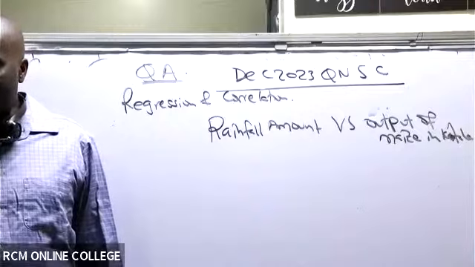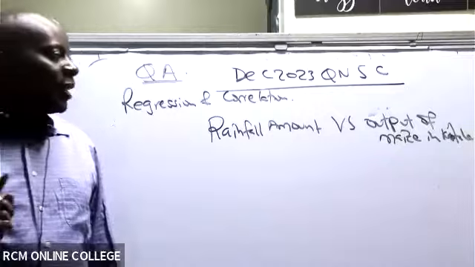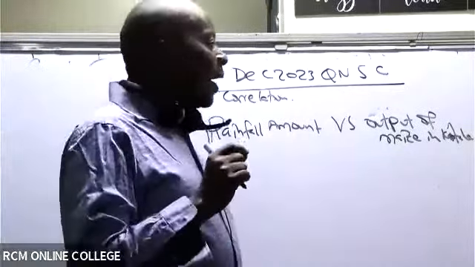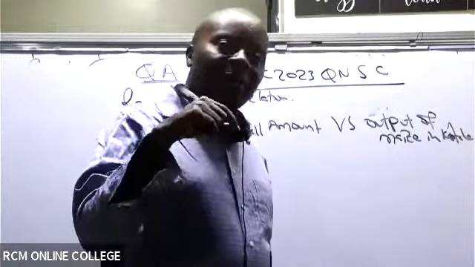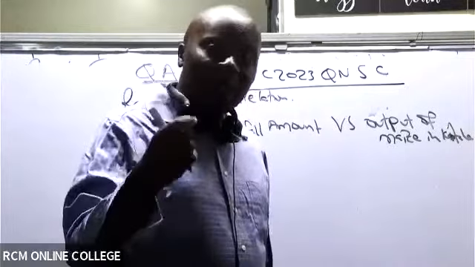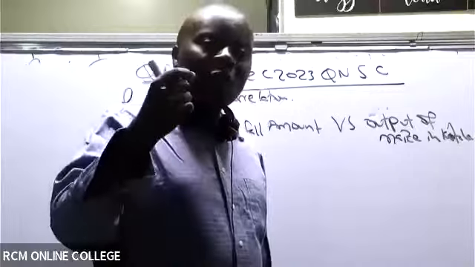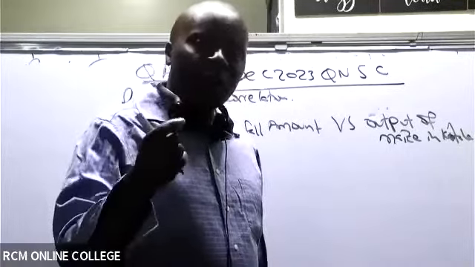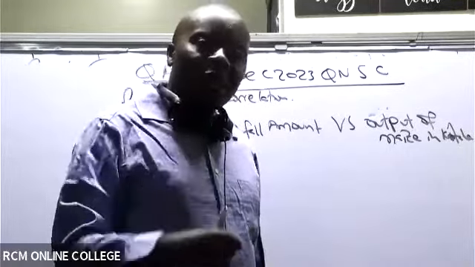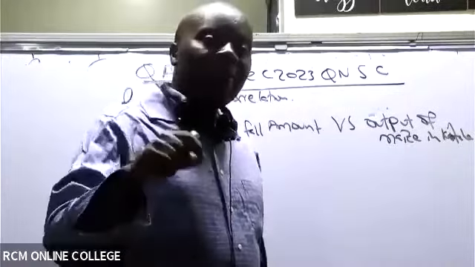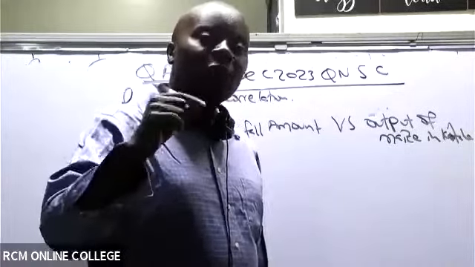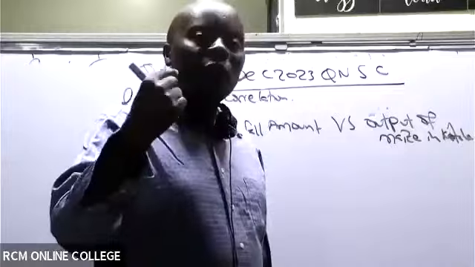Thank you so much. Rispa is telling me that Mwalimu, the output of maize, how this maize will perform on the ground, will really depend on rainfall. So you must establish the dependence relationship. Which one depends on the other?